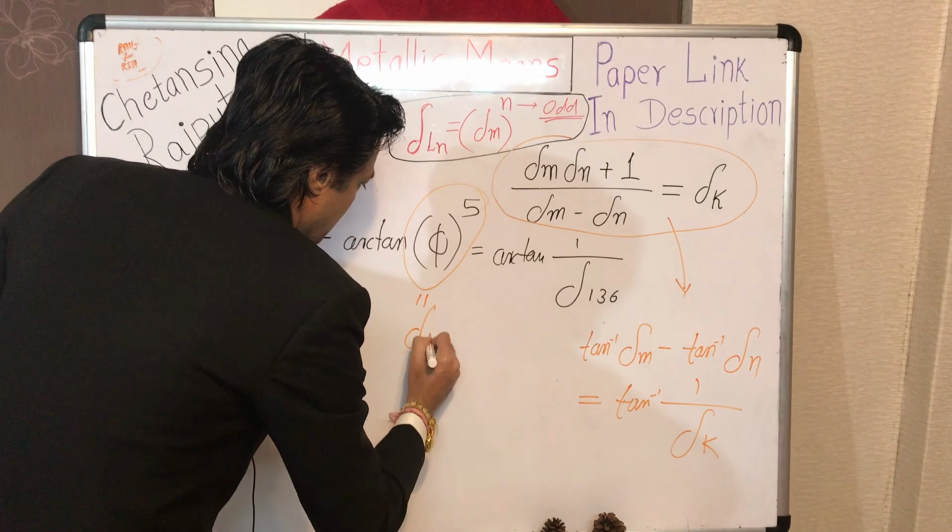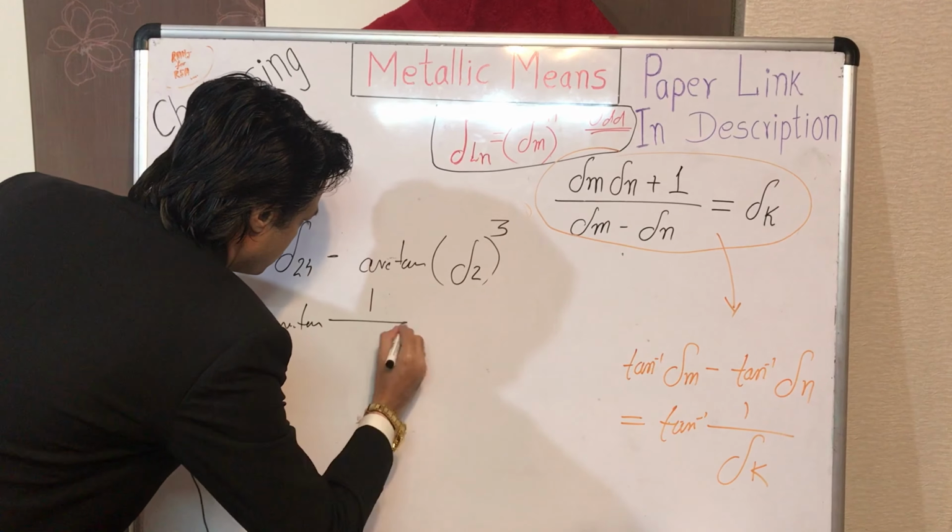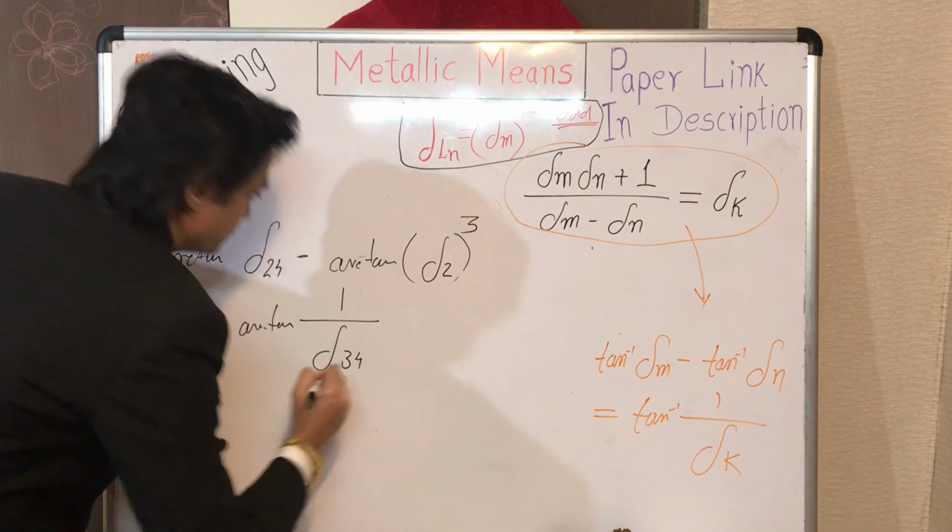Let me write down another example, like arctangent of the 24th metallic ratio minus arctangent of the cube of the silver ratio, the third power of the silver ratio, and that will precisely equal arctangent of the inverse of the 34th metallic ratio.